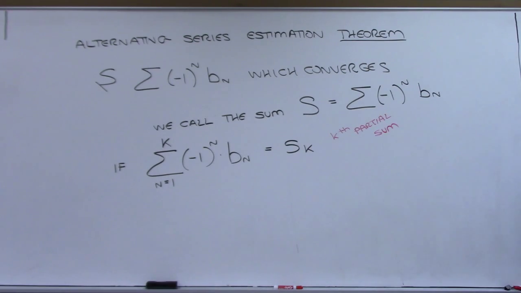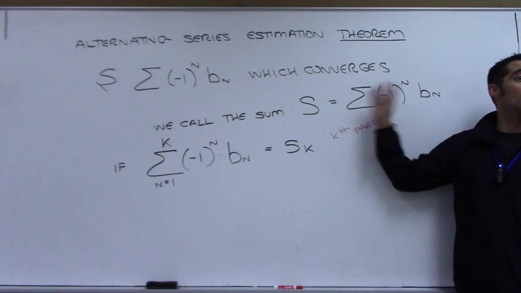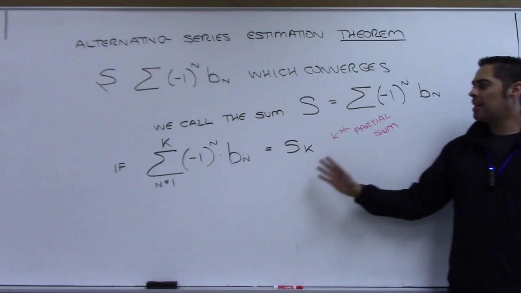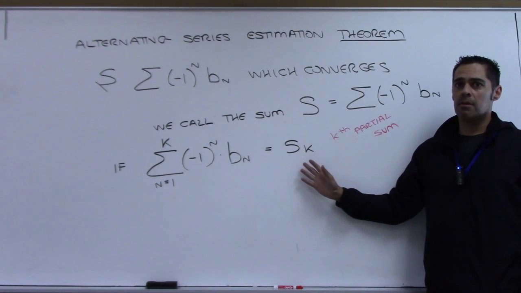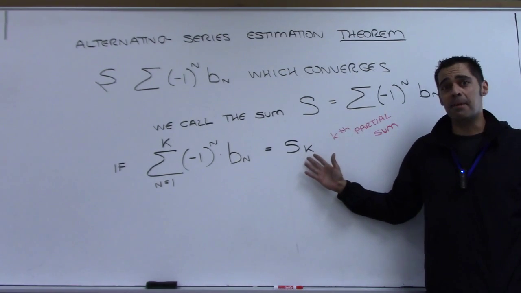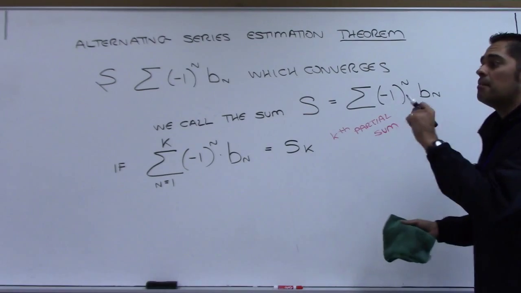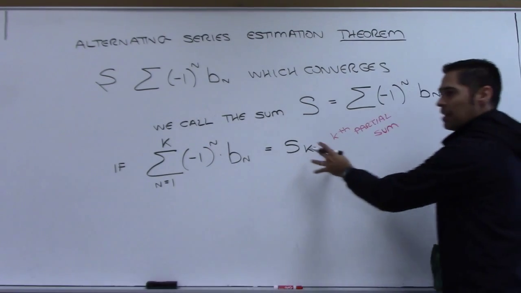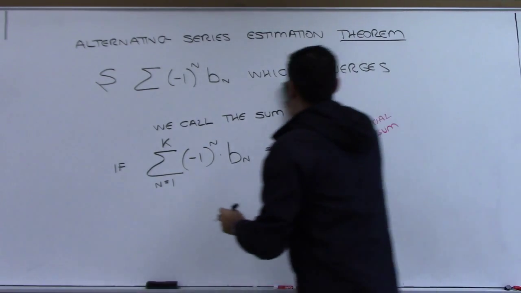Okay. All right. So we have the true sum, which is adding them all up forever, right? We have the kth partial sum, which is the sum of the first k pieces, right? This theorem says this. If we call this the kth partial sum, then here's the result.